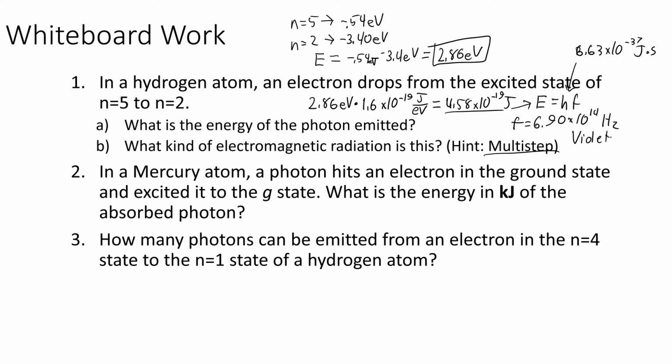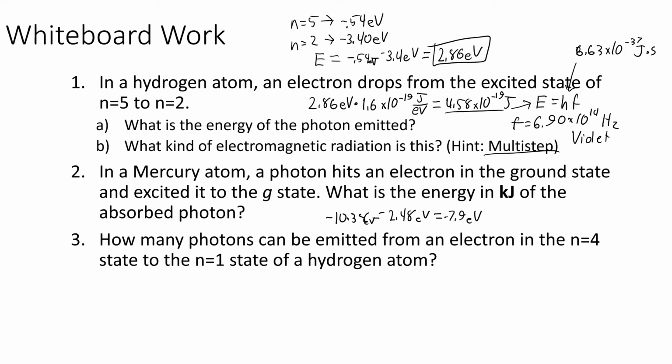So we're going from an energy of minus 10.8 of the ground state, and we are ending up in the G state, which is 2.48 electron volts. So when you do this math out, you get 7.9 electron volts.